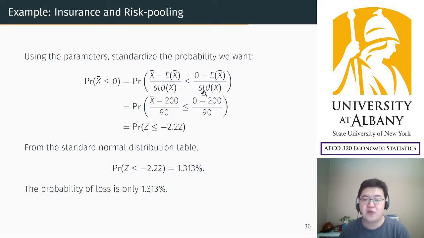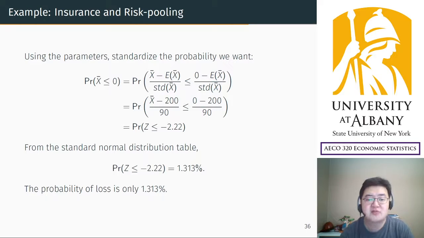Anyhow, the principle is the standard deviation of the variable here. And also, we have to standardize the other side of the inequality. So plug in numbers. We have these two, and easy. The standardized random variable becomes a standard normal distribution, and this number is simply minus 2.2222.